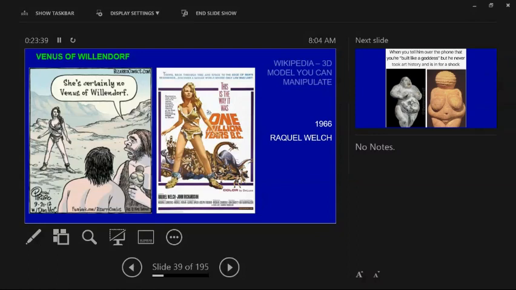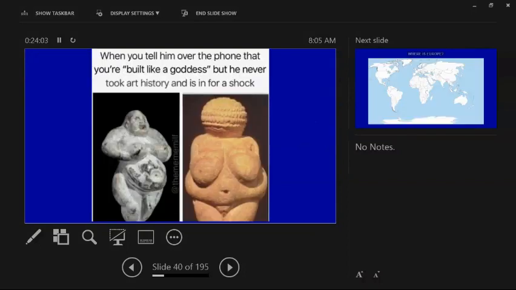And in the comic on the left, it is showing the difference in attitudes of what is beautiful and what is not. In 1966, Raquel Welch is the most beautiful, but in 20,000 BC, it is the Venus of Willendorf that he is holding that is the most beautiful. Because when you tell him over the phone you're built like a goddess, but he never took art history and is in for a shock.